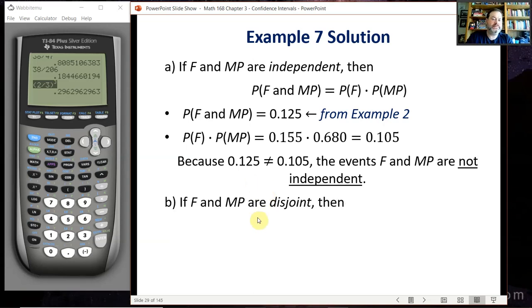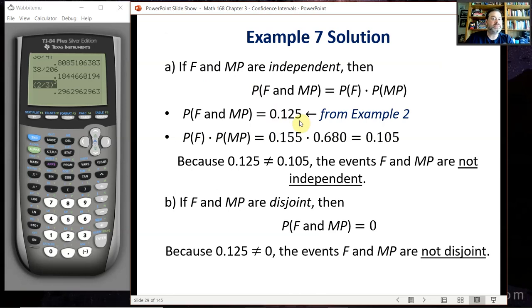What about disjoint? Are female and music performer disjoint? Well, in order for them to be disjoint, the probability of female and music performer would have to be 0. We computed in example 2 that it's definitely not 0. So because 0.125 is not 0, these are not disjoint.